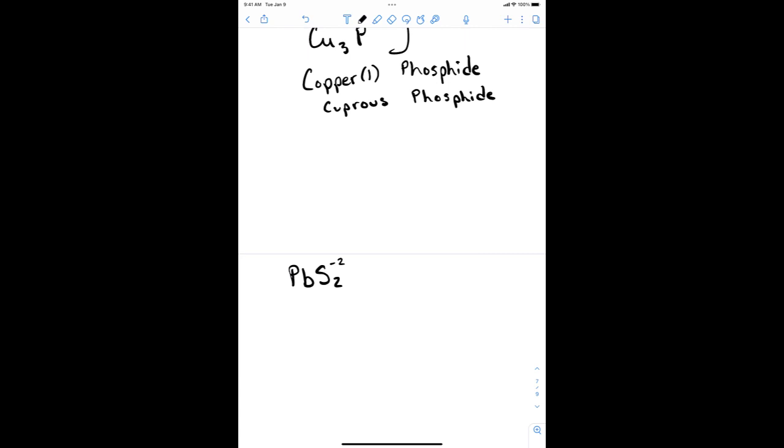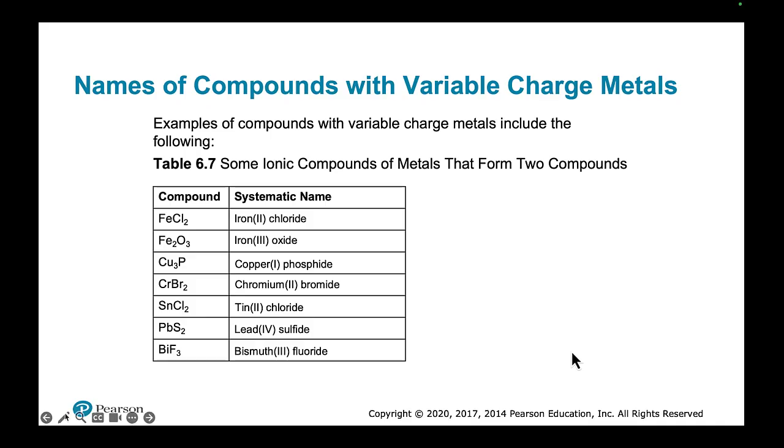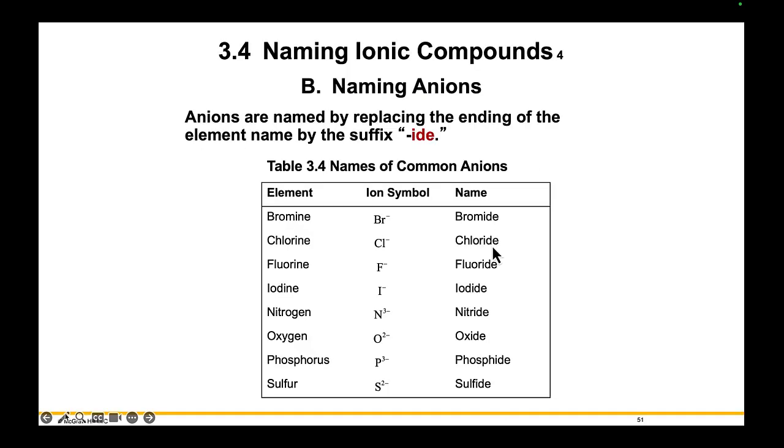There's 2 of those at a -2 charge, so overall we have a -4 right there. And so to balance that out, our lead needs to have a +4. And so when we name this, we're going to name this lead 4 sulfide. So when you come over here, you can see that the systematic names are all listed here for the examples.